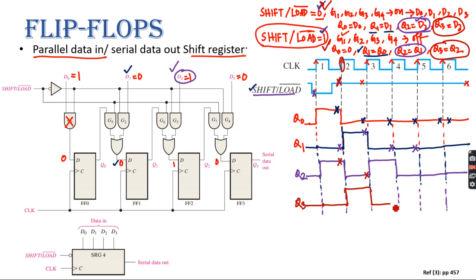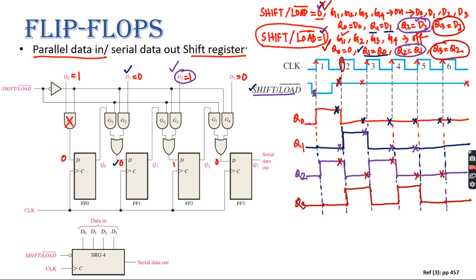So it will shift to 0 and remain 0. What is the value of Q2 here? 1. So it will shift to 1 and remain 1. Then what is the value of Q2 here? 0, and it will remain 0. Then what is the value of Q2 here? 0, right? Yes, sir. So it will continue to be 0.